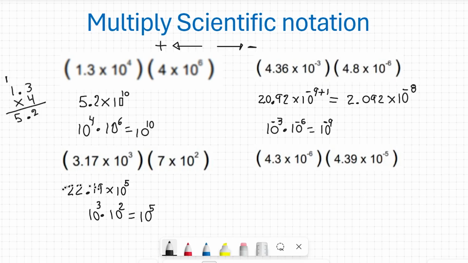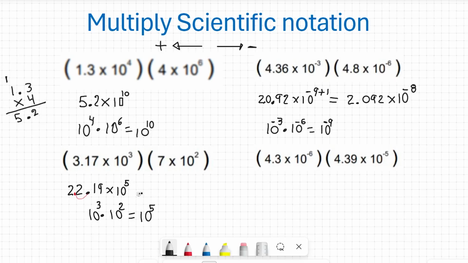Now, this number is not in scientific notation. We need to have only one whole number in front of the decimal point. So that means I have to move the decimal point back 1 unit. And remember, whenever you move it, you count how many units you move the decimal point, and that's what you're going to be adding to the exponent.